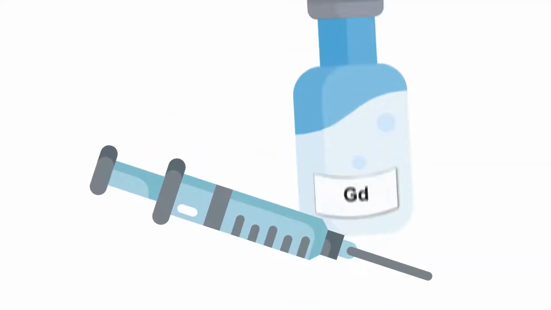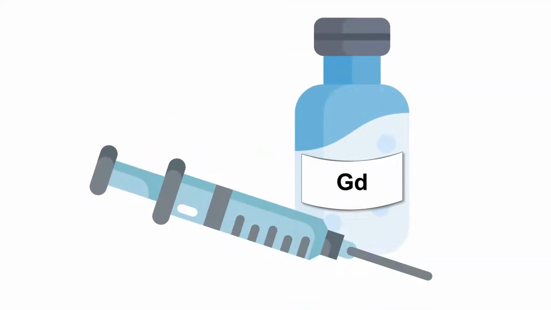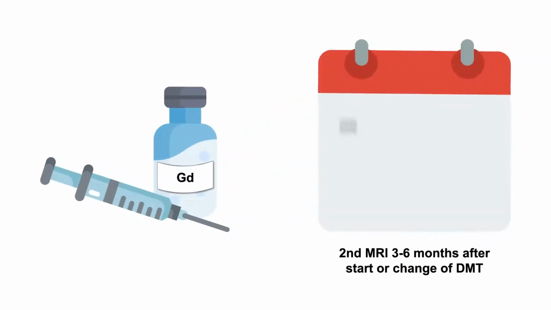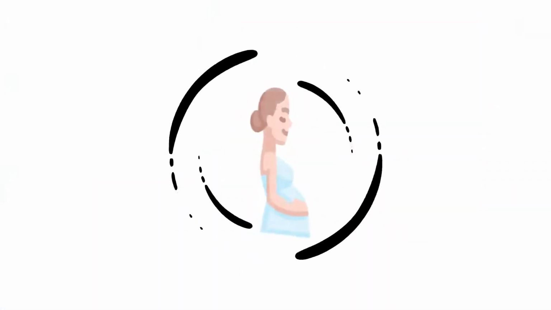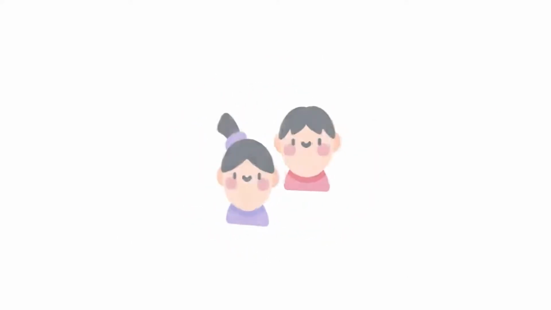IV gadolinium contrast should be used judiciously and not repeatedly. 3 to 6 months after the baseline MRI and start or change of disease-modifying therapy, obtain a second MRI without contrast. Special recommendations are included for pregnant, breastfeeding, and pediatric patients.